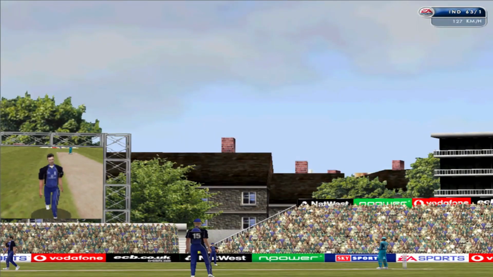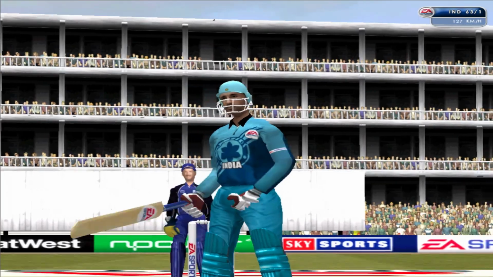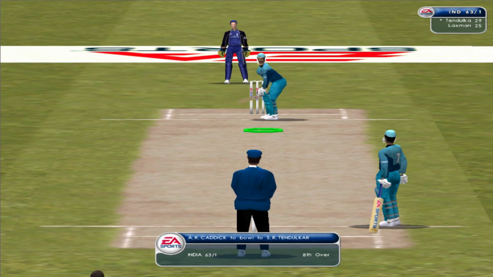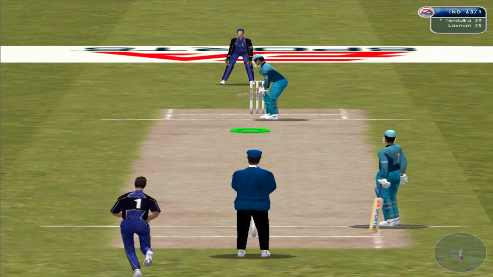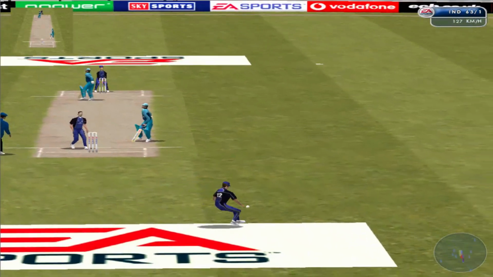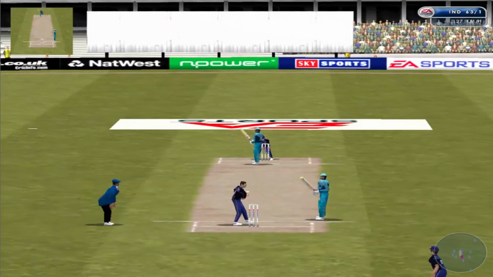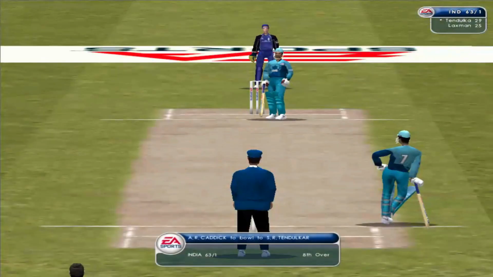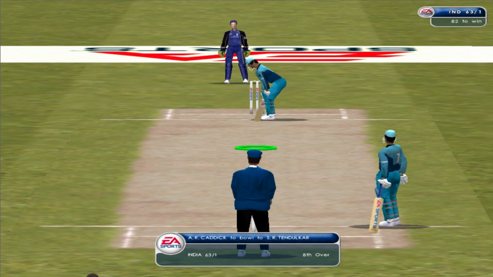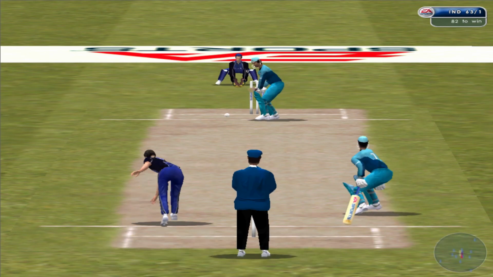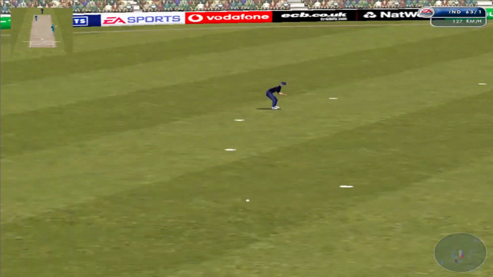One now for 63. Tendulkar is now on strike. Steered expertly into the gap.